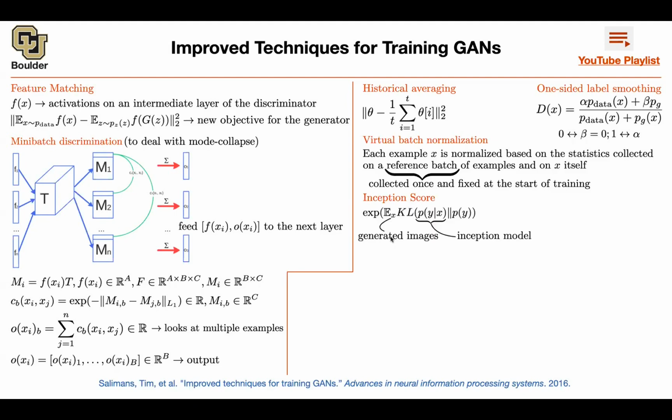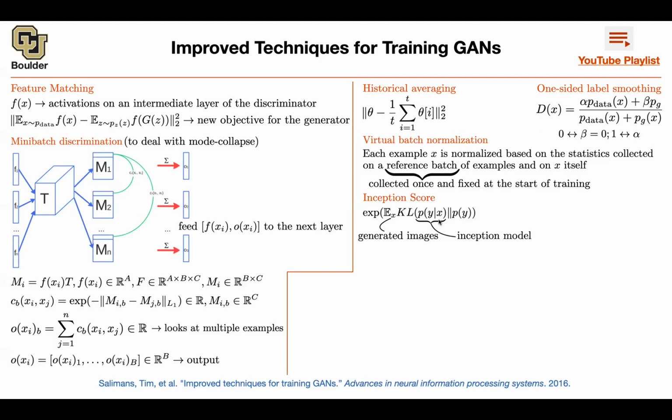Prior to this paper, people were judging the quality of different architectures or different generators by asking human beings, is this image realistic looking? Yes or no? Is the image coming out of this architecture better than the other image? Yes or no? And they were showing it to human beings.